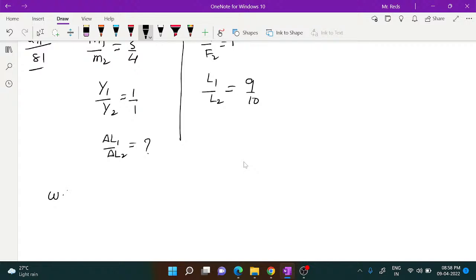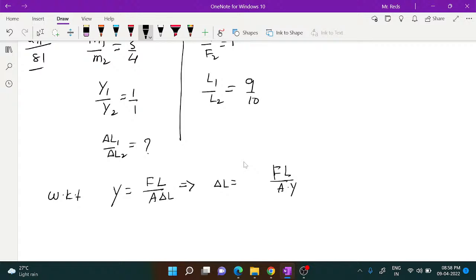We know that Young's modulus Y is equal to F L by A into delta L. We want delta L. So from this, delta L is equal to F L by A into Y. But it is given that the two wires are made of the same material.